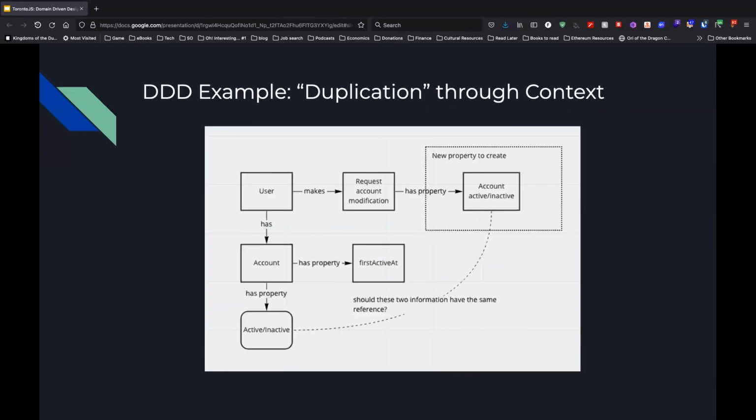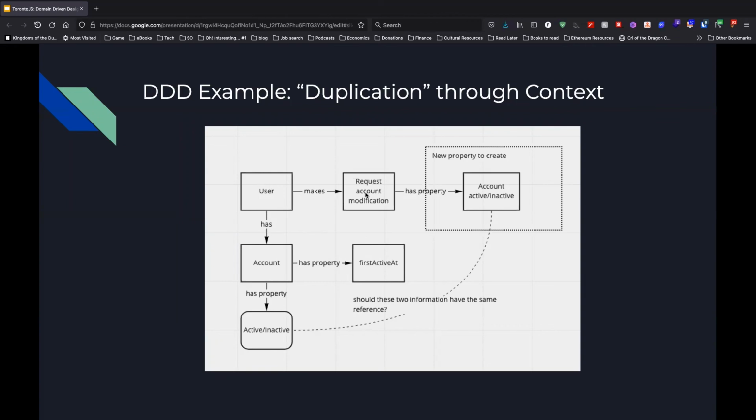So here's another example, duplication through context. This is just what I call it. This is an example that actually happened recently with my work. It's kind of stripped down, not exactly what happened, but it gets to the point. The situation is that the user has an account, and the account has a property, active or inactive, and also another property called first active at, and I'll talk about it later.